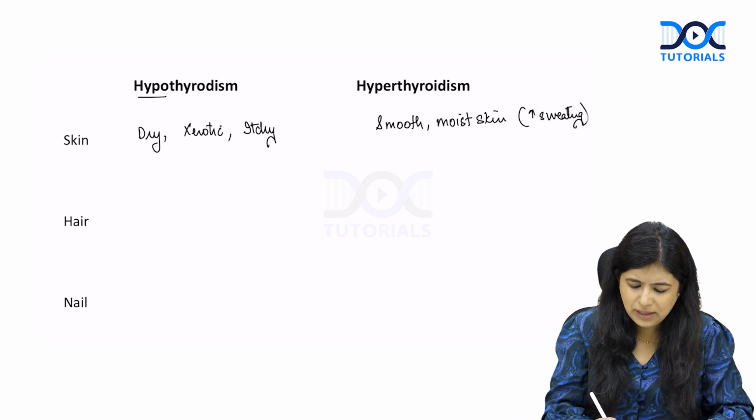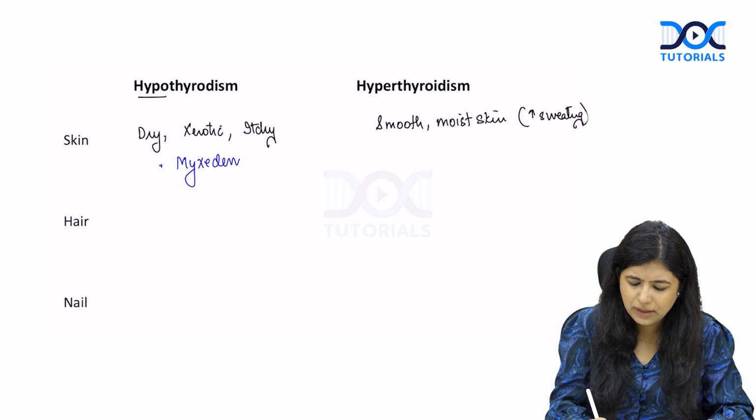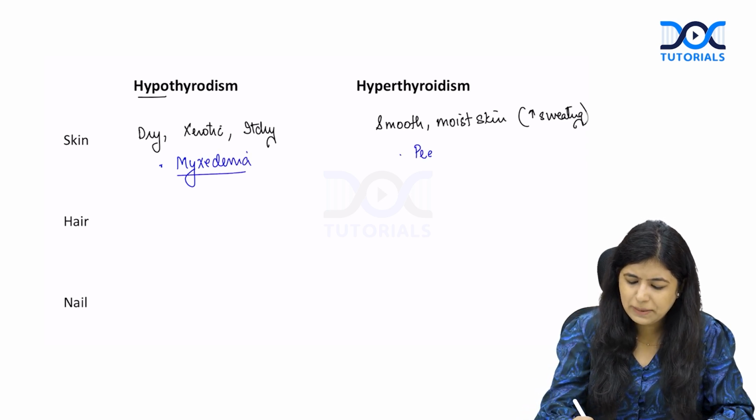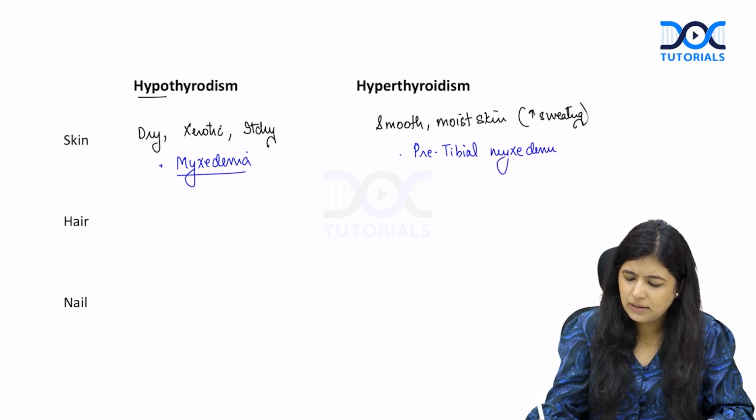The specific skin features that we see here is myxedema in hypothyroidism, while in hyper we have pretibial myxedema. So remember the difference between myxedema and pretibial myxedema. That is seen in hyper.